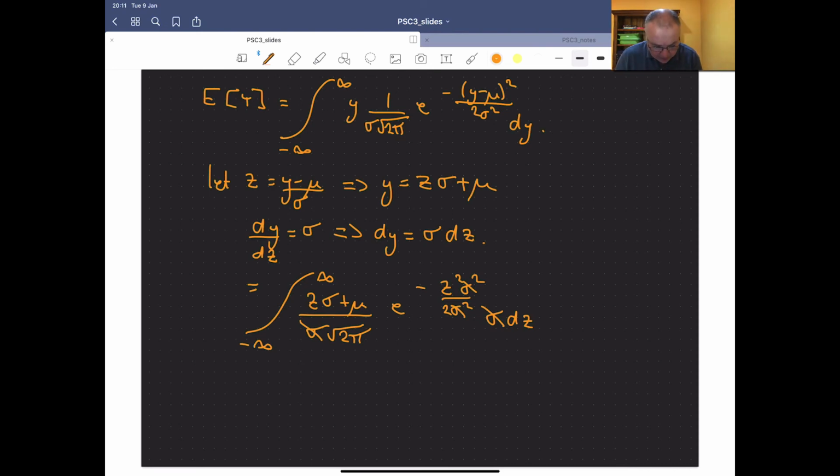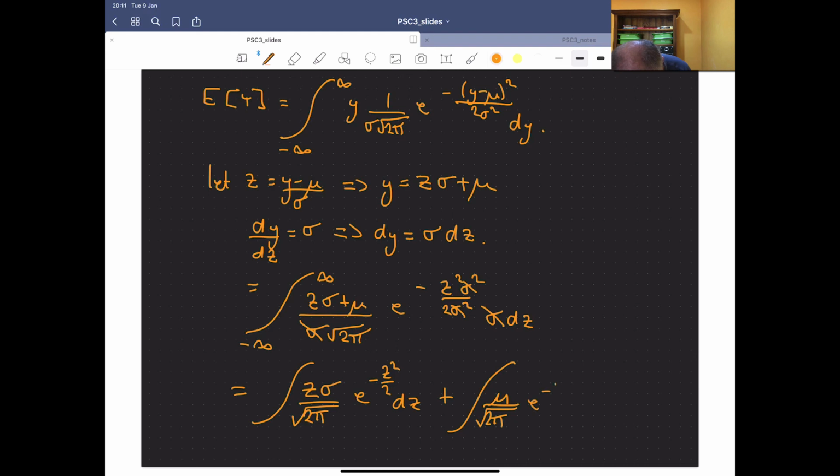and we can now actually split this into two parts. We've got an integral here which is z sigma over root 2 pi, e to the minus z squared on 2 dz, plus mu over root 2 pi, e to the minus z squared on 2 dz.